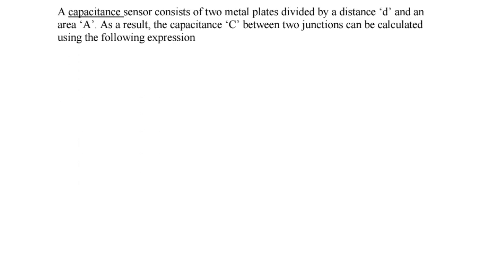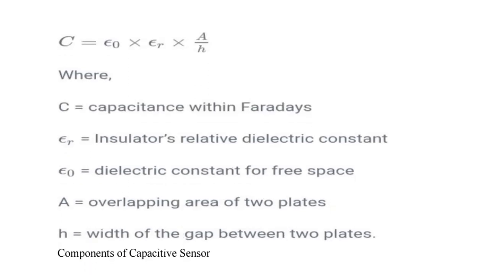You might have learned this formula in many places. What is a capacitor? We make two parallel plates and introduce a gap in between. In a similar way, based on that basic capacitance effect, we are developing this capacitive sensor.